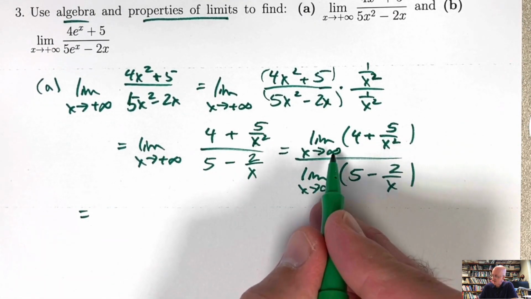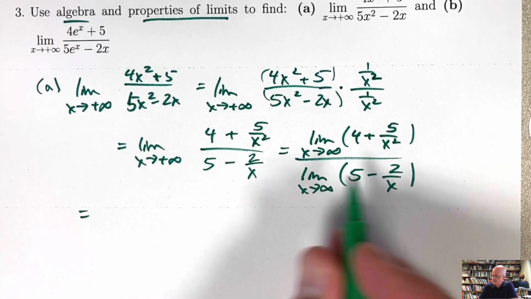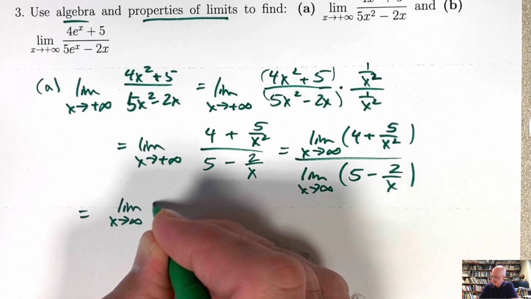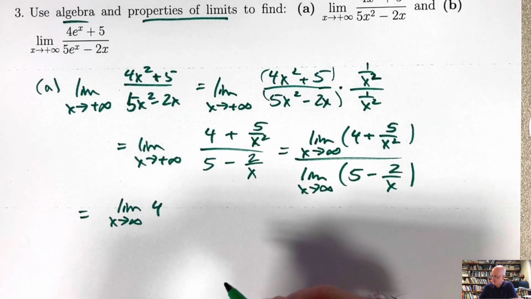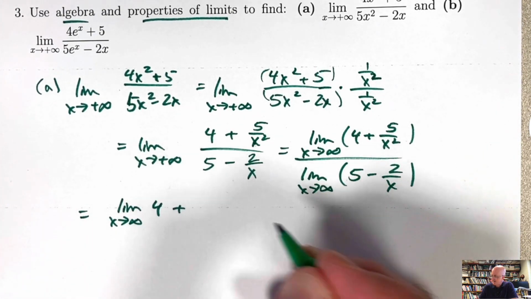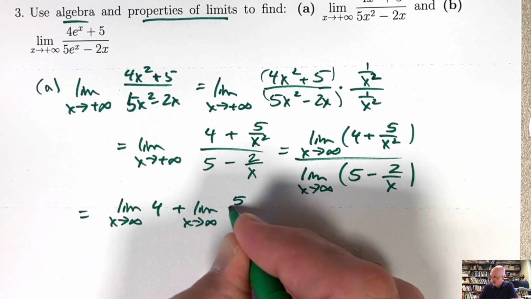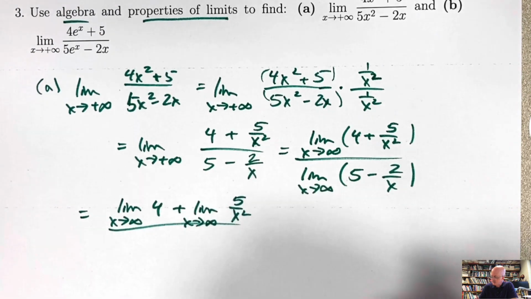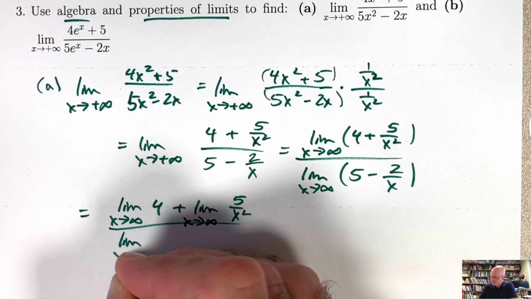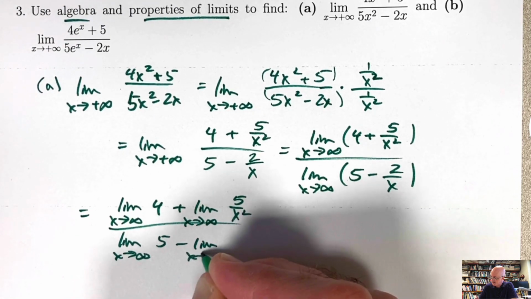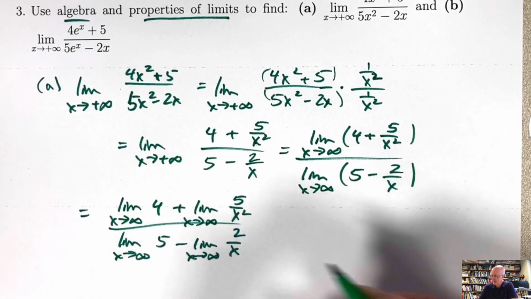Now in each case you have a limit of a sum and a limit of a difference. You can bring the limit sign through to write the limit as x approaches infinity of 4 plus the limit as x approaches infinity of 5 over x squared, all divided by the limit as x approaches infinity of 5 minus the limit as x approaches infinity of 2 over x.